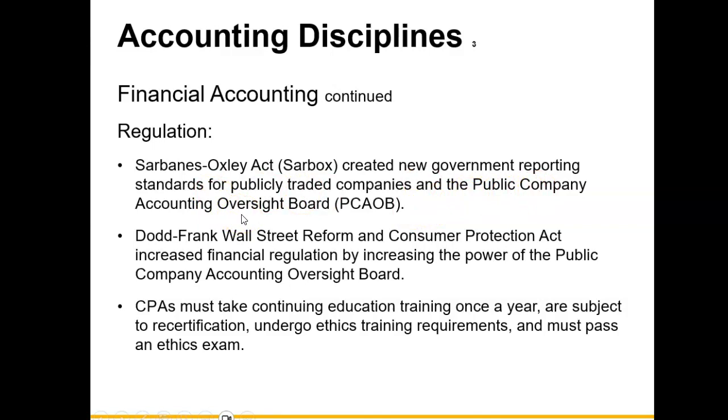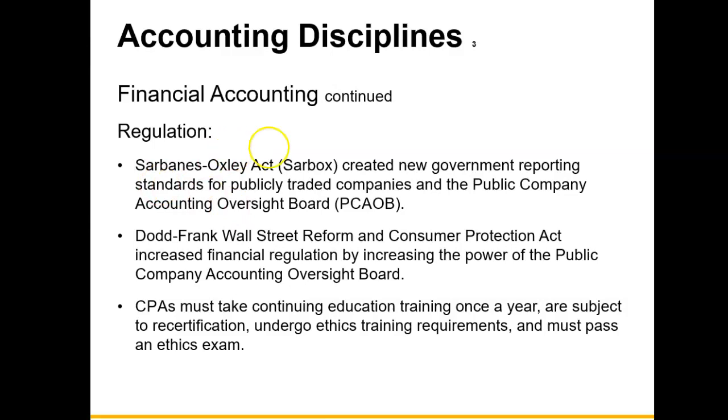Okay? So pretty much it's to protect the public, to make sure that when you are reviewing a company's financial information, they have met certain restrictions and followed certain rules in preparing their information.